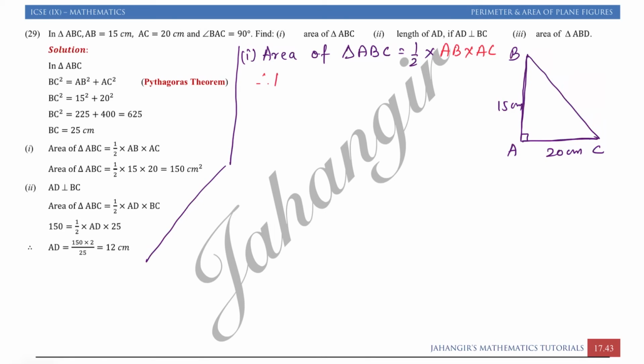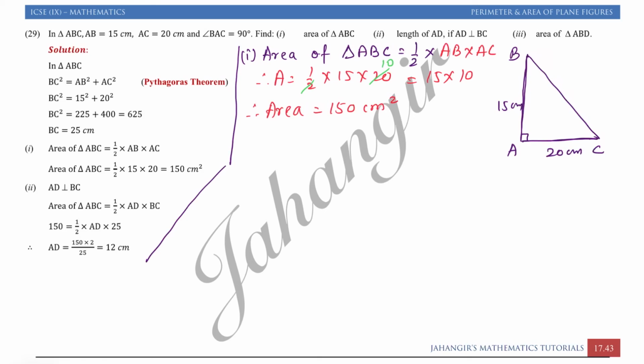So therefore area is equal to half into AB is 15 into 20, that is 15 into 10. You can cancel out 2 and 2. So therefore area is equal to 150 centimeter square.